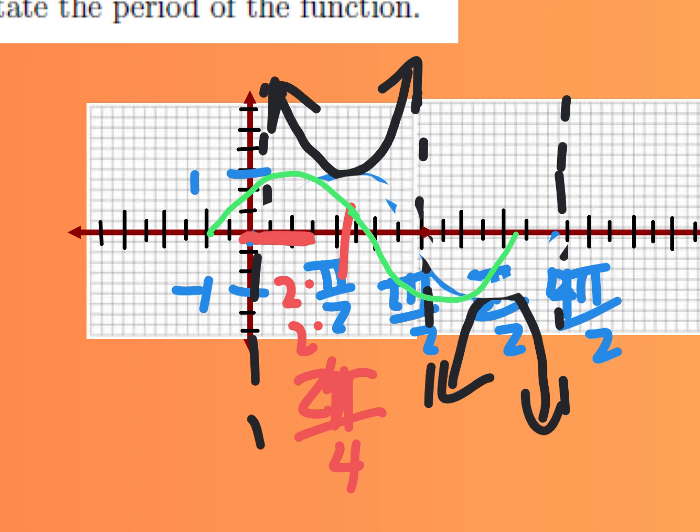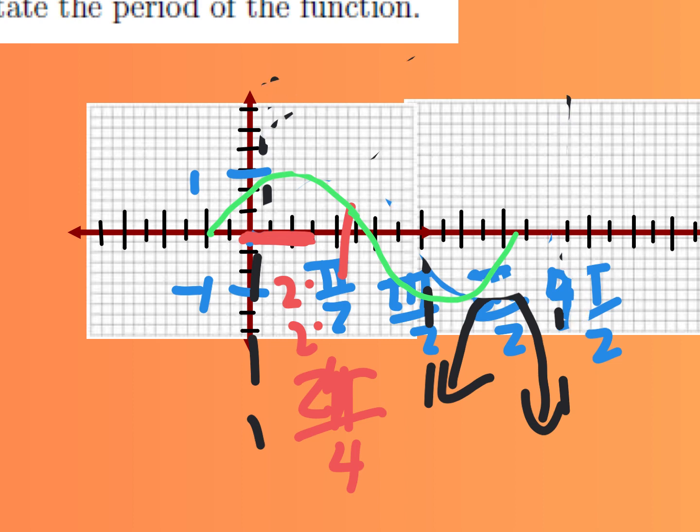I moved everything to the left, yay. Now I gotta move the loops and the asymptotes over. Everything has to get moved over. Asymptotes are now here, here, and here. And then the loops go back on.